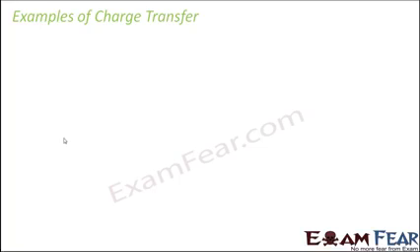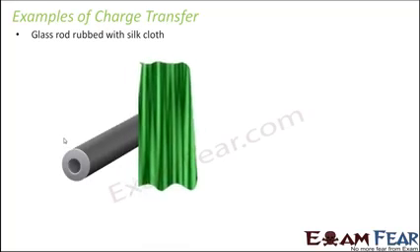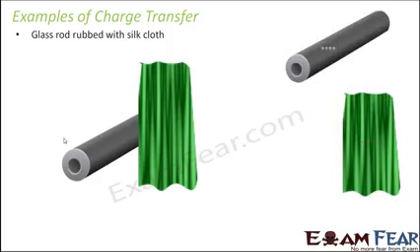Let us look at one of the very common examples of charge transfer, that is the rubbing between a glass rod and silk cloth. If you take a glass rod and silk cloth and rub them against each other, it is observed that both of them get electrically charged.